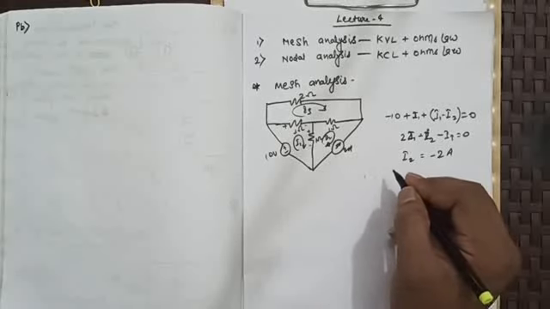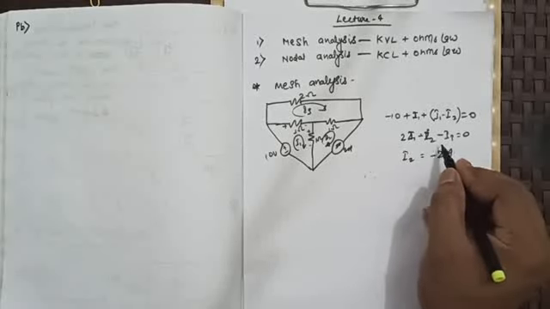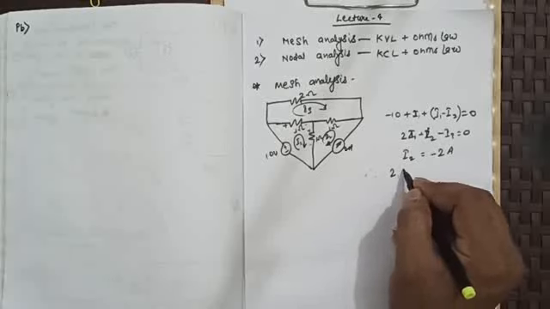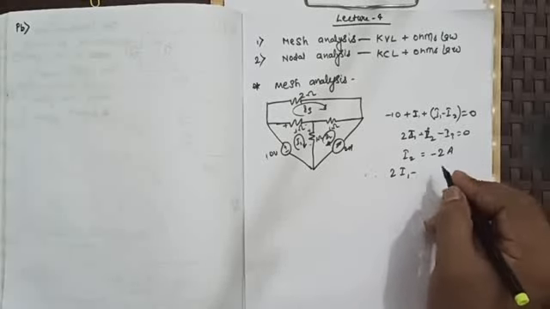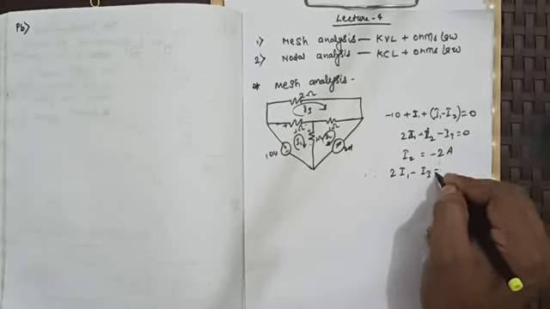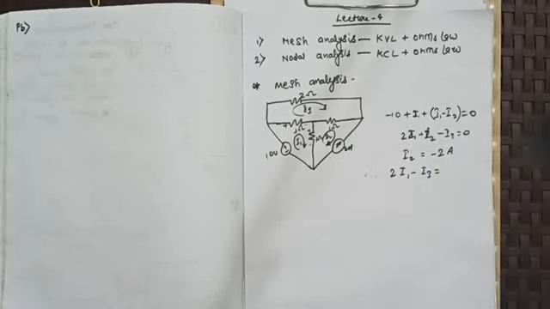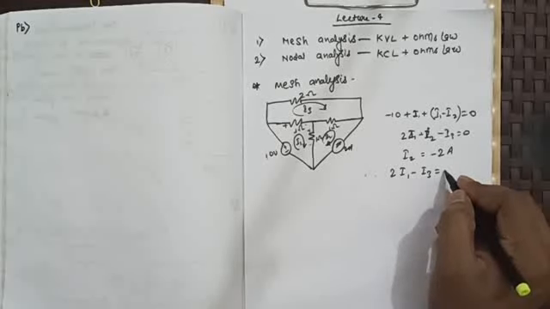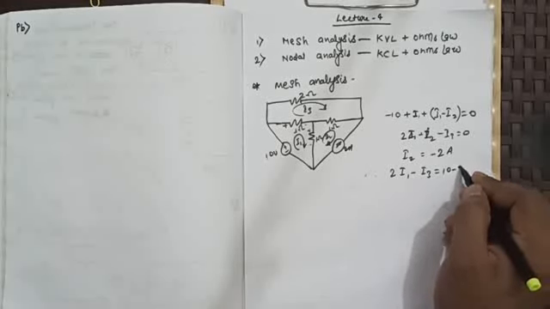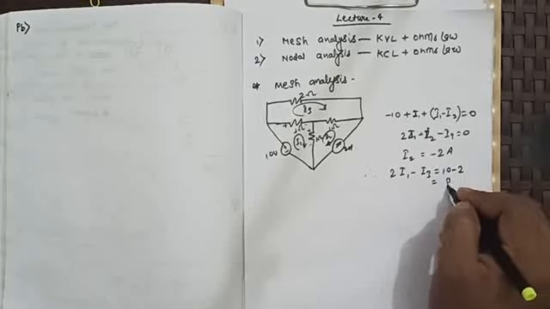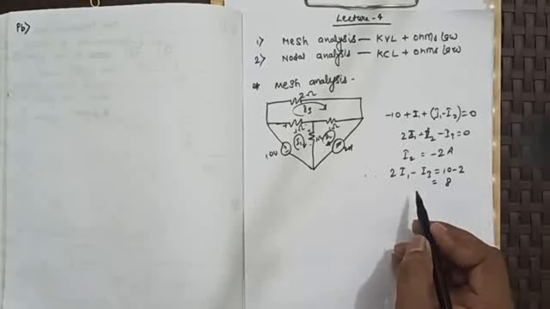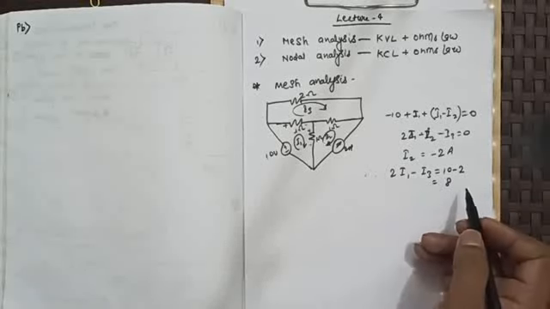So from here, putting this here, we have 2I1 minus I3 equals 10 minus 2, that is 8. So 2I1 minus I3 is equal to 8.